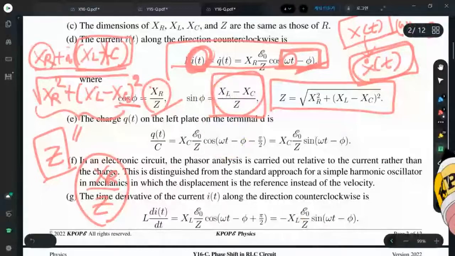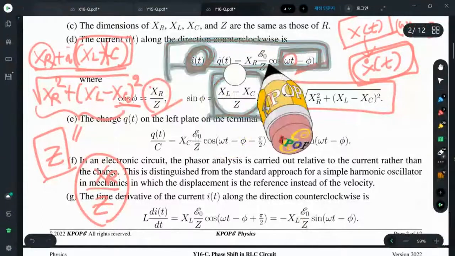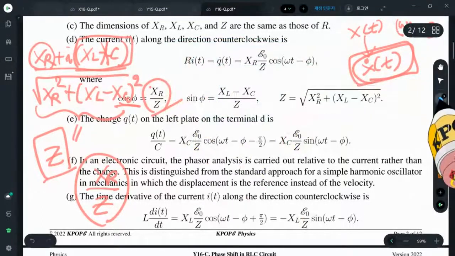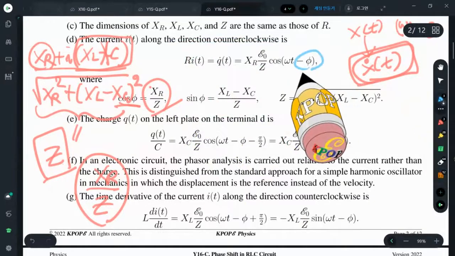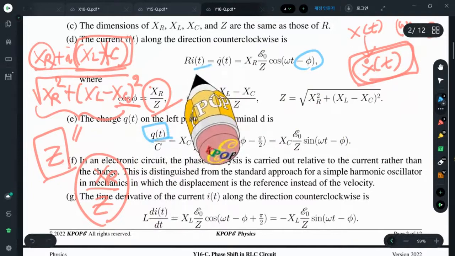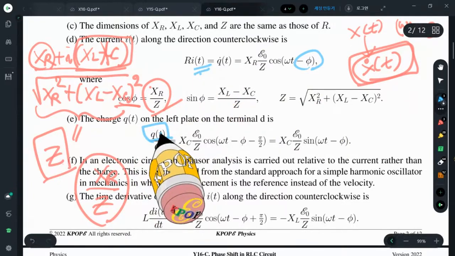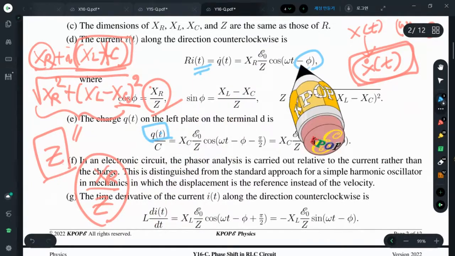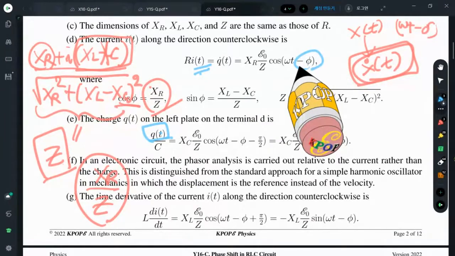Once the current has the phase dependence minus phi, what happens to Q? From I to Q, what we have to do is integrate over time.